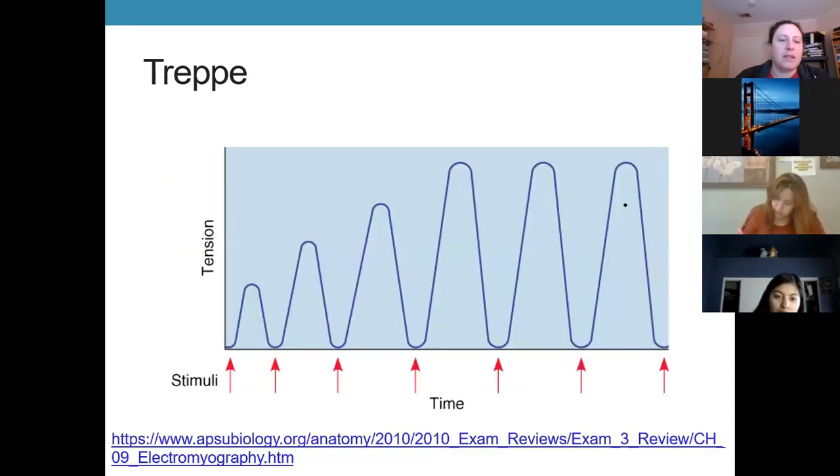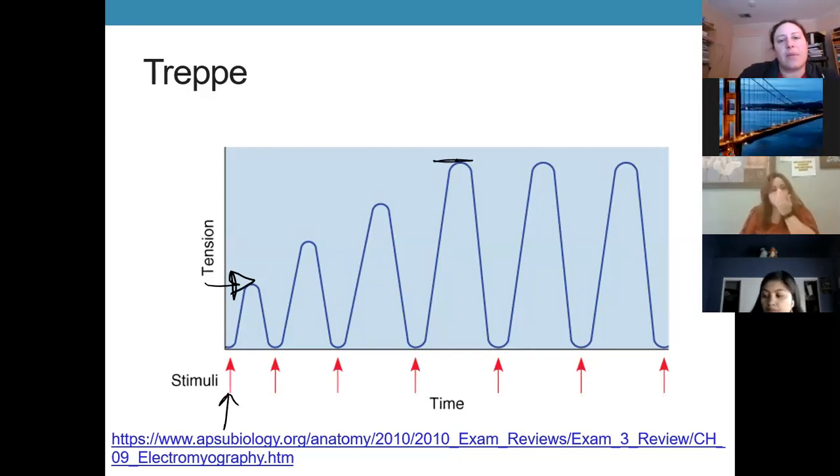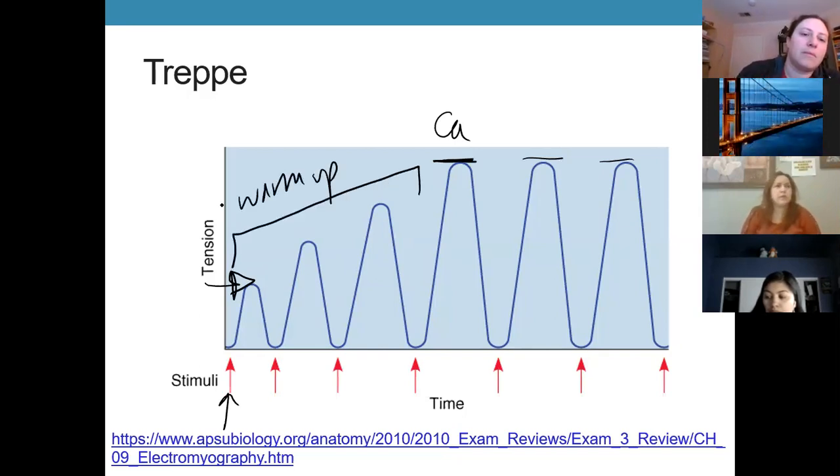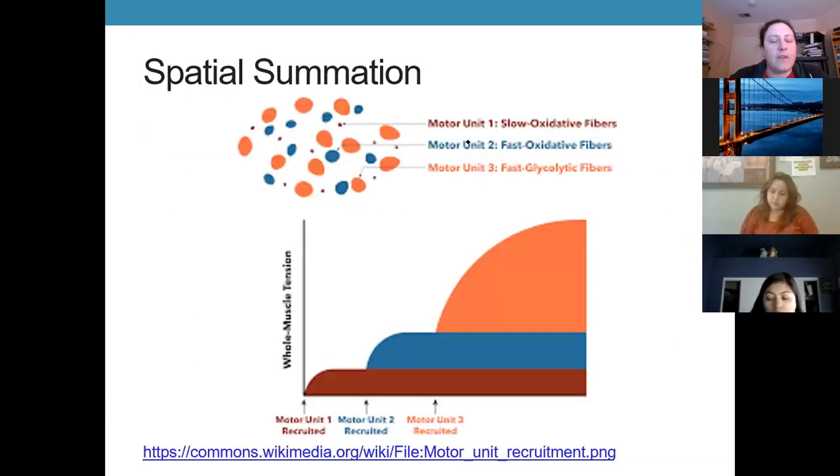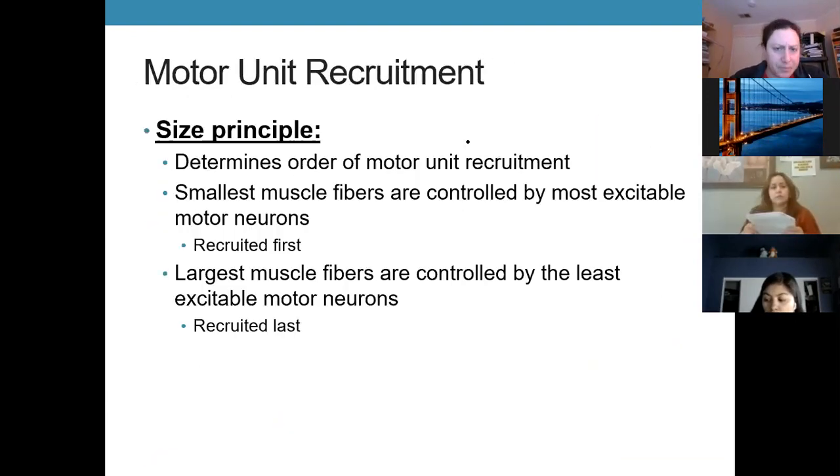That's why we see this increasing amount of tension from the exact same stimulus, but it only happens a couple times, and then we reach appropriate calcium levels and the same stimulus is going to get us the same amount of tension. So this is about a warm-up period, essentially. It's not really a warm-up, but that's what happens.